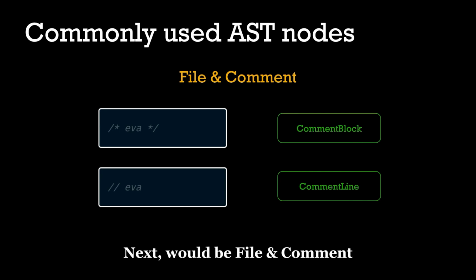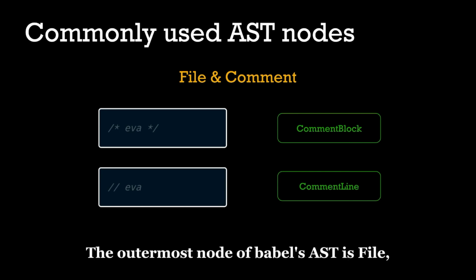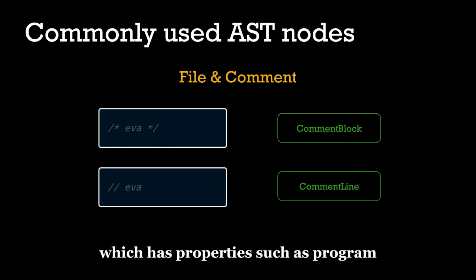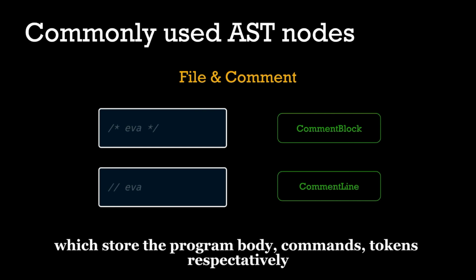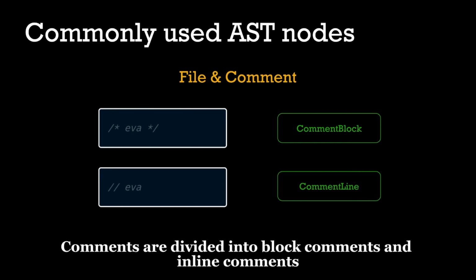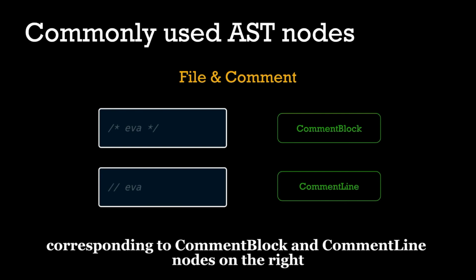Next will be file and comment. The outermost node of Babel's AST is file, which has properties such as program, comments, tokens, etc., which store the program body, comments, and tokens respectively. Comments are divided into block comments and line comments, corresponding to comment block and comment line nodes on the right.